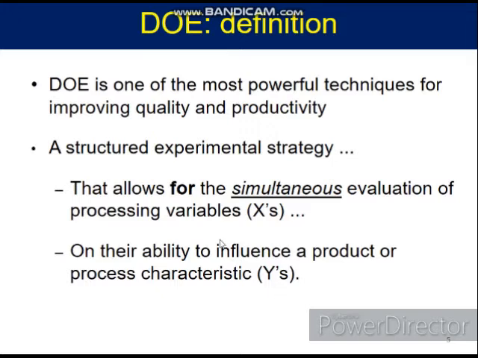Basically you can run one experiment and have multiple output responses. And the DOE will tell you what process parameters to use that will optimize the taste, the softness, and the color of the bread. So that's what DOE is all about.